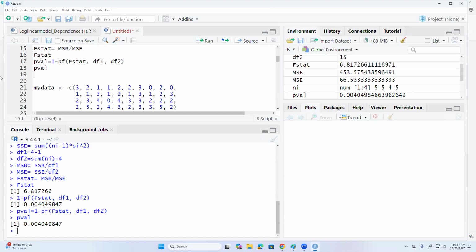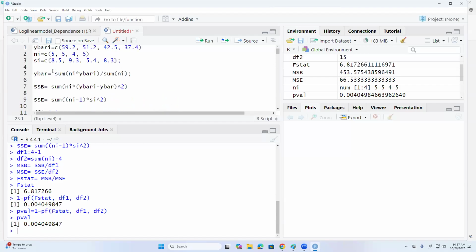Here I did the coding because I did not have access to the original data. If I had the individual level data, then I could have simply used the one-way function or ANOVA function of R, which calculates everything for me: all the sums of squares, all the statistics, the p-value.